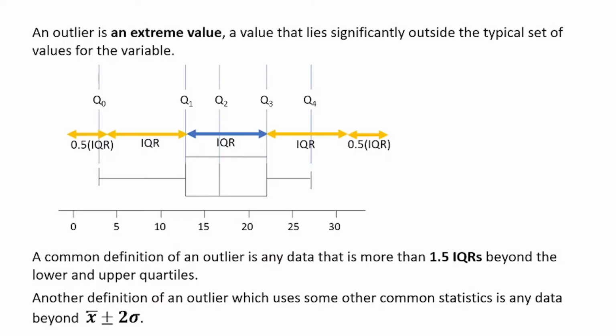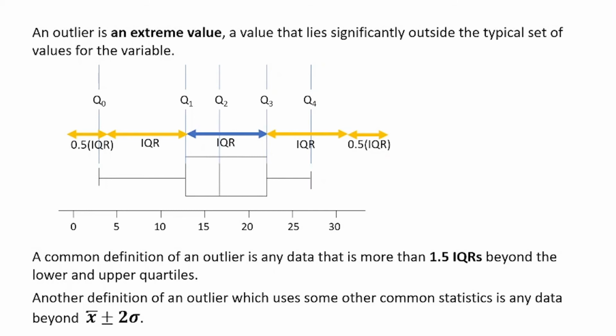Okay, so 2 ways that we should be able to calculate and identify outliers from a list of data. Both of these are necessary, both of these will be assessed, both of these need to be committed to memory. These will not be in the formula book for the exam.